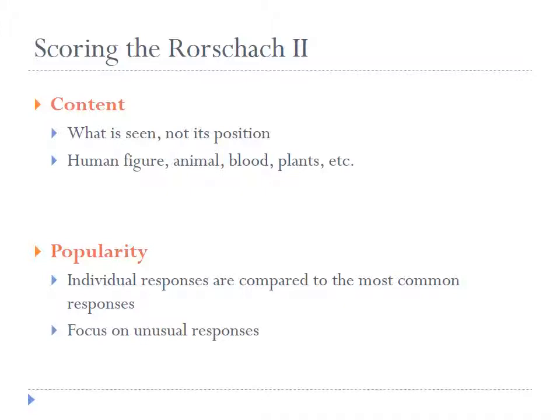Those that are similar or alike are scored one way. Those that are obscure, odd, or deviant from what the norm typically sees in these pictures are red flagged, and these are areas that we would want to follow up with the client with to determine what exactly is going on with this individual and what might their thought processes be.